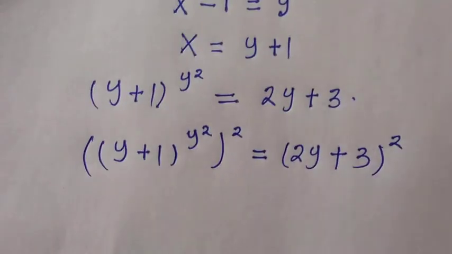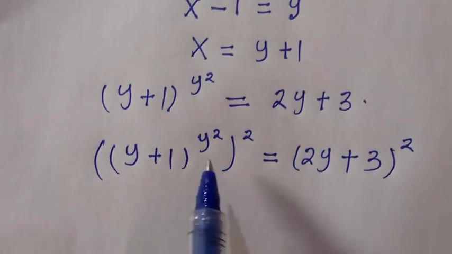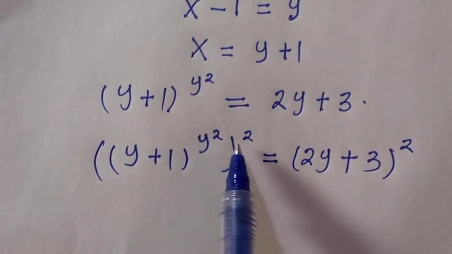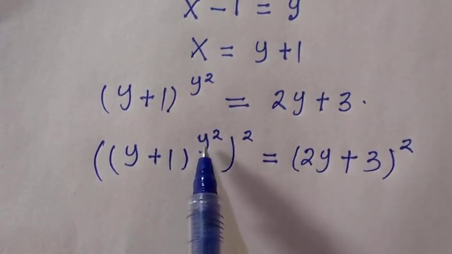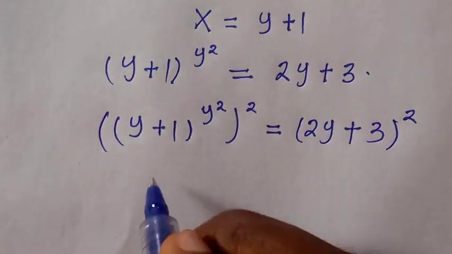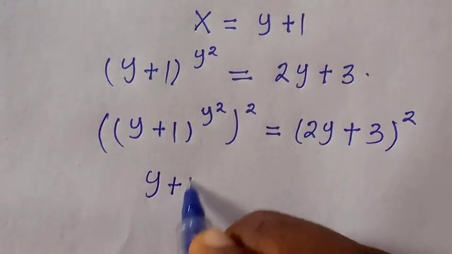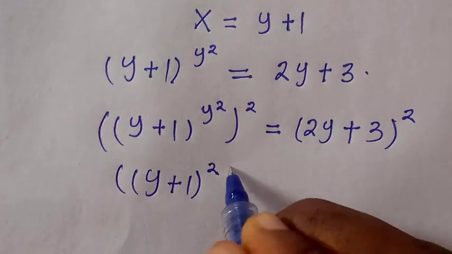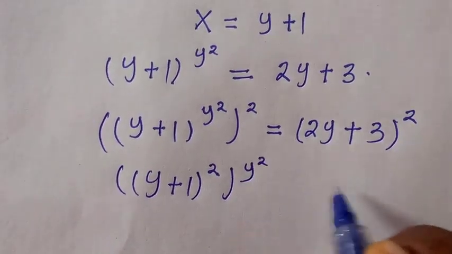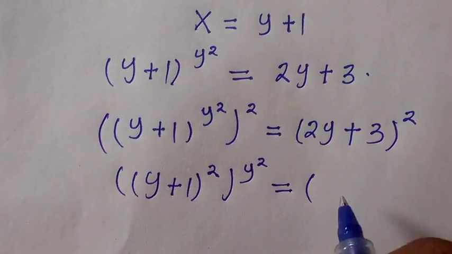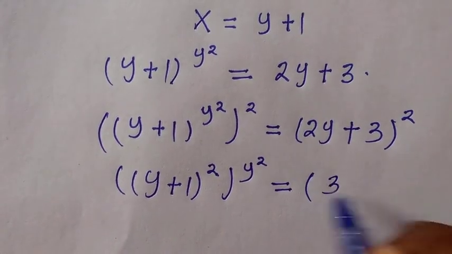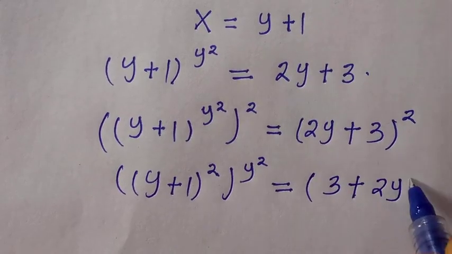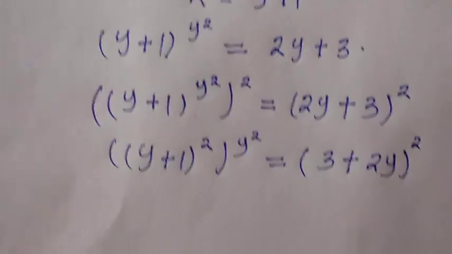By the properties of indices, the two powers y squared and 2 can switch each other, that is, they can replace each other. So let's do the replacement. We have (y plus 1) raised to the power of 2, then everything raised to the power of y squared, equals, and suppose I start with 3 instead of 2y, 3 plus 2y all raised to the power of 2.